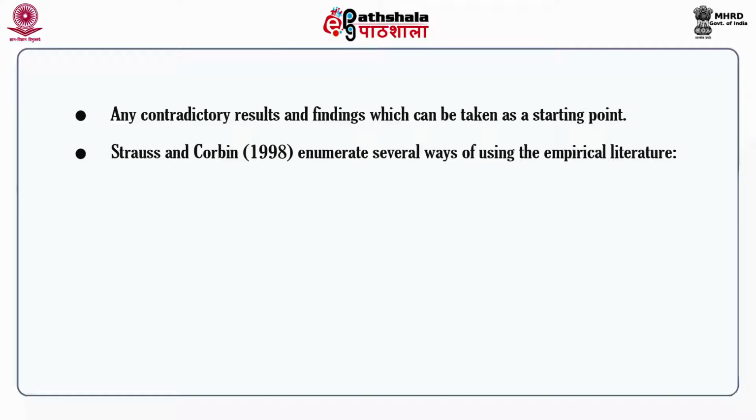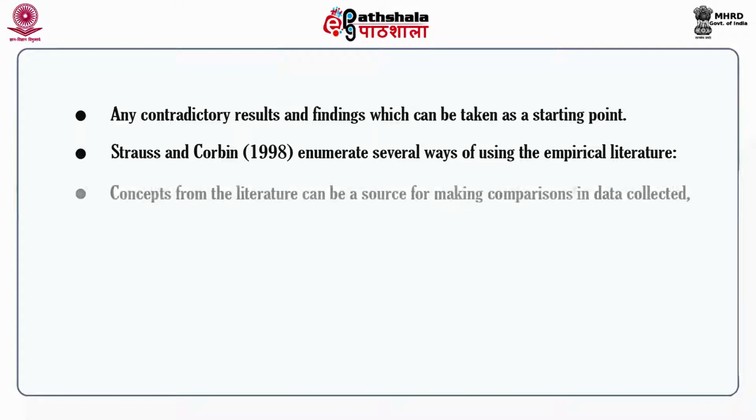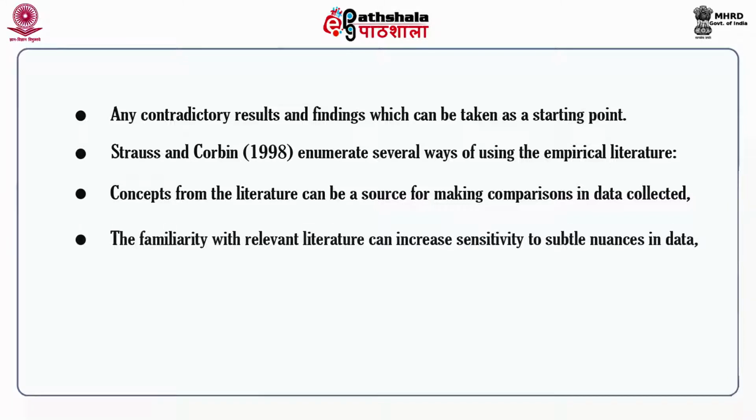Strauss and Corbin enumerate several ways of using the empirical literature. Concepts from the literature can be a source for making comparisons in data collected. Familiarity with relevant literature can increase sensitivity to subtle nuances in data.